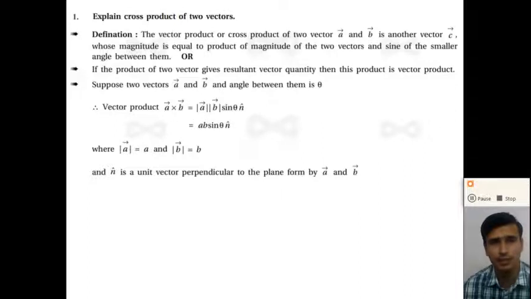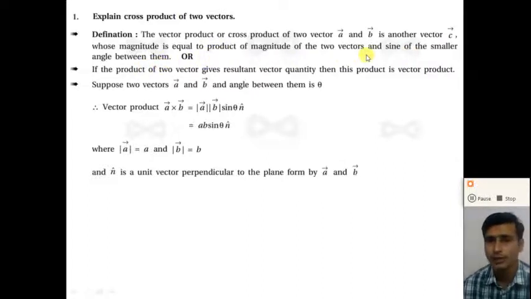The vector product, or cross product, of two vectors A and B is another vector C whose magnitude is equal to the product of the magnitudes of the two vectors and the sine of the smaller angle between them.